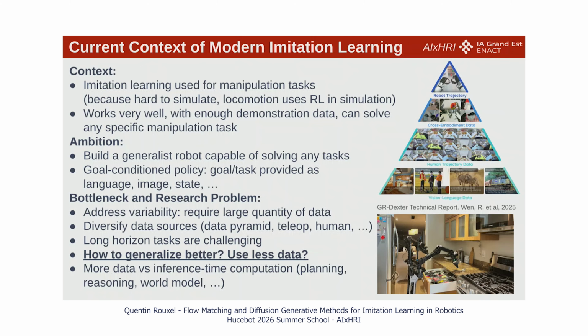Basically, it's a way to improve the data efficiency and the generalization of this model through more compute during inference time. So that's just the big landscape of imitation learning right now, but I will not go too much into the technical details and how they work.